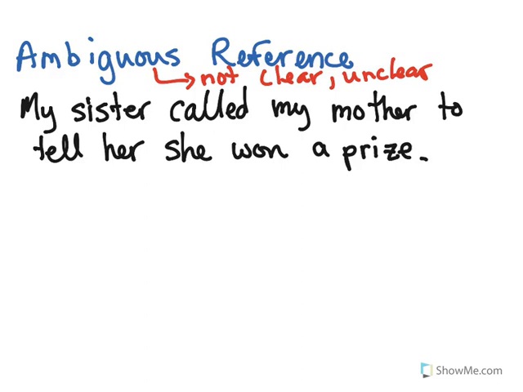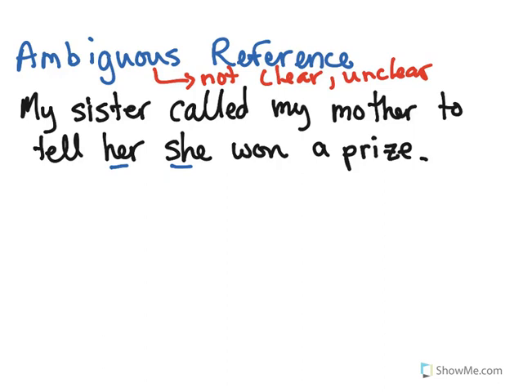So here I've got, my sister called my mother to tell her she won a prize. So here I've got pronouns here. Who won the prize? Is it my sister? Was it my mother? It's unclear. The way that this sentence is phrased, it's unclear.